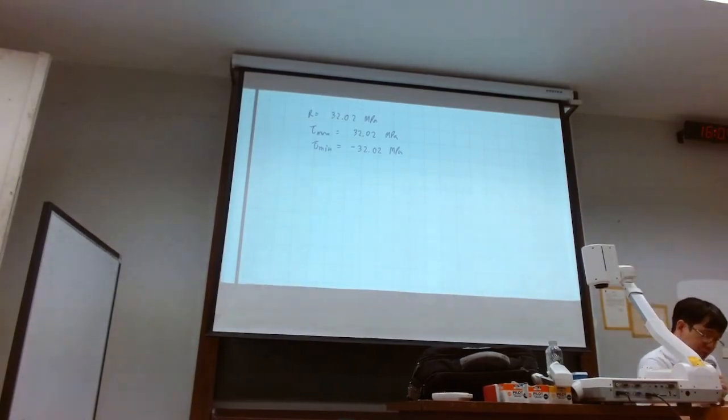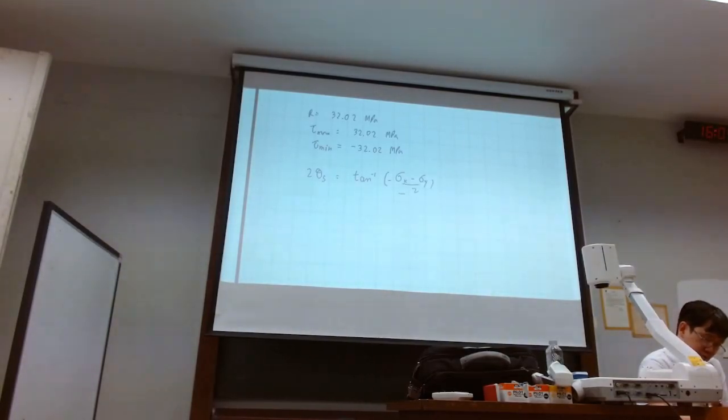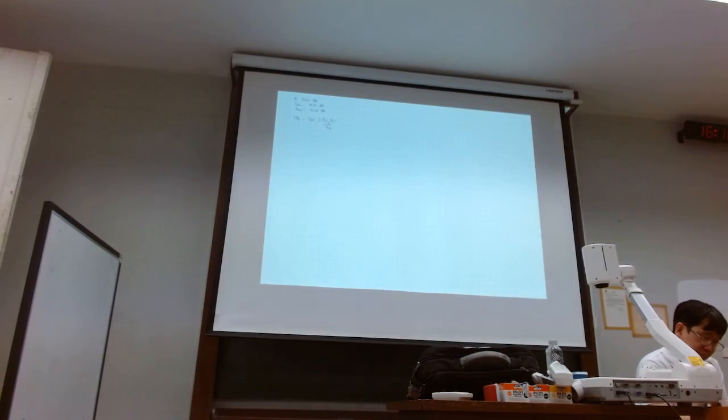So we have to figure out theta s, and theta s itself is the arctangent of sigma x minus sigma y over 2 over tau xy, right?